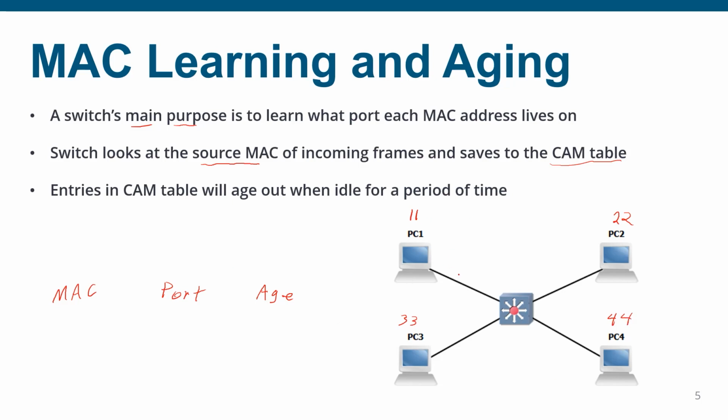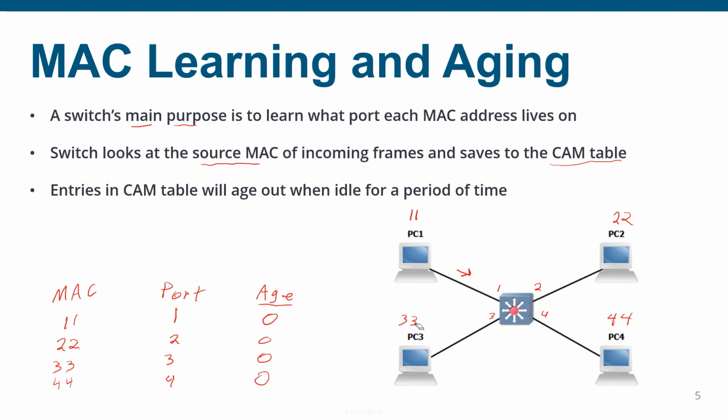Let's say PC1 sends out a broadcast. We now know that PC1 lives on port 1, PC2 receives that and responds. Same with 3 and 4. So we know that 2, 3, and 4 live off of ports 2, 3, and 4, and they have all just been seen right now, so the age is 0 seconds for all of them.